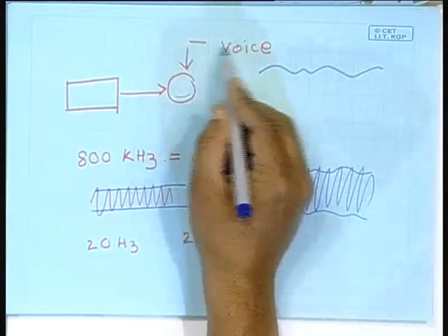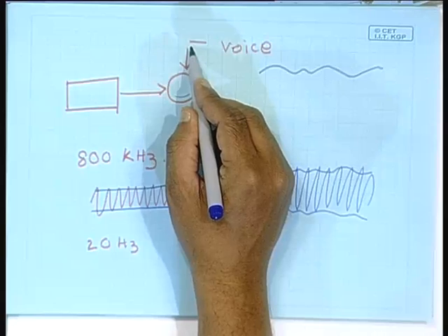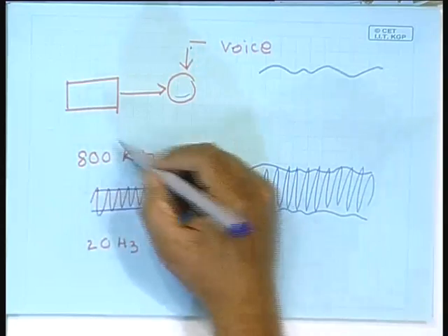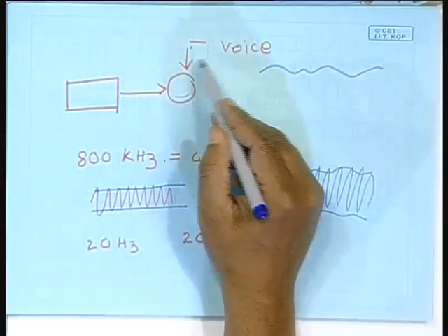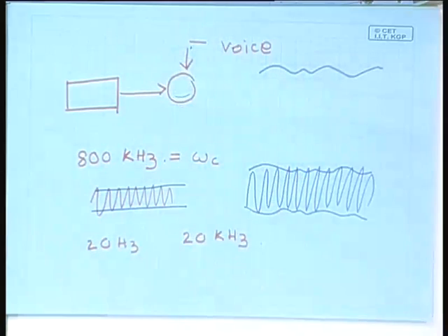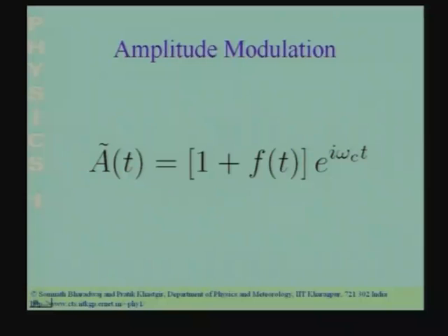The amplitude of the carrier wave is changed by means of some electrical devices, so that it has the voice which I wish to transmit. Mathematically we can express it like this: f(t) is the signal that we wish to transmit, and 1 plus f(t) is the amplitude of the signal that is coming out, and this signal is now fed into the antenna which transmits it.